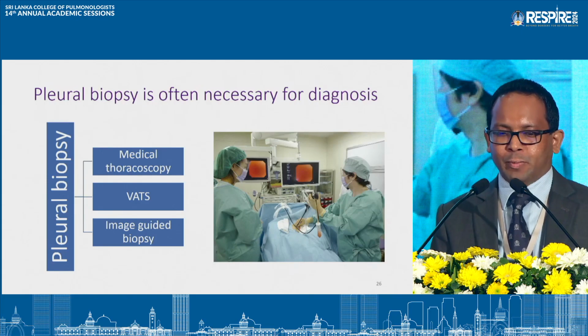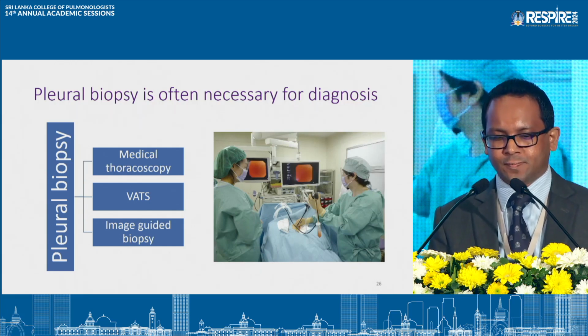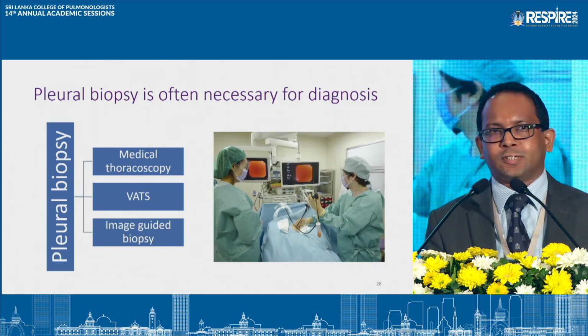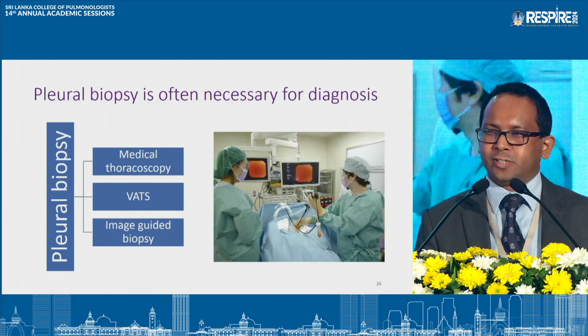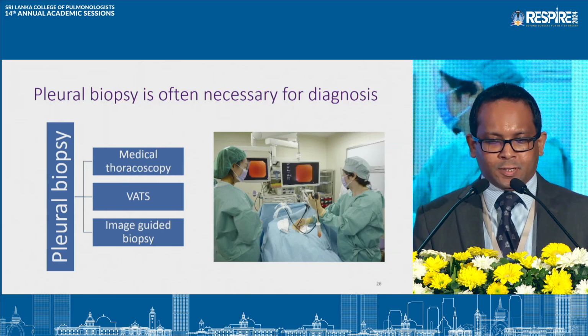One is medical thoracoscopy or local anesthetic thoracoscopy, which can be performed by pulmonologists under local anesthetic and sedation. Video-assisted thoracoscopic surgery is performed by thoracic surgeons under general anesthesia, or image-guided biopsy, which can either be CT or ultrasound-guided. These are all very effective.